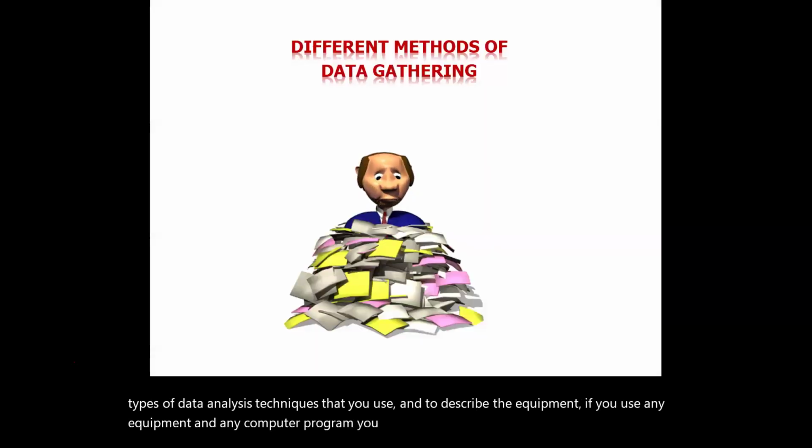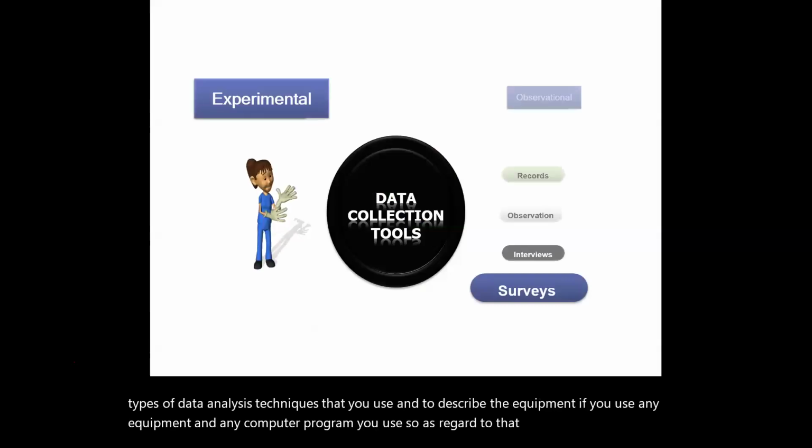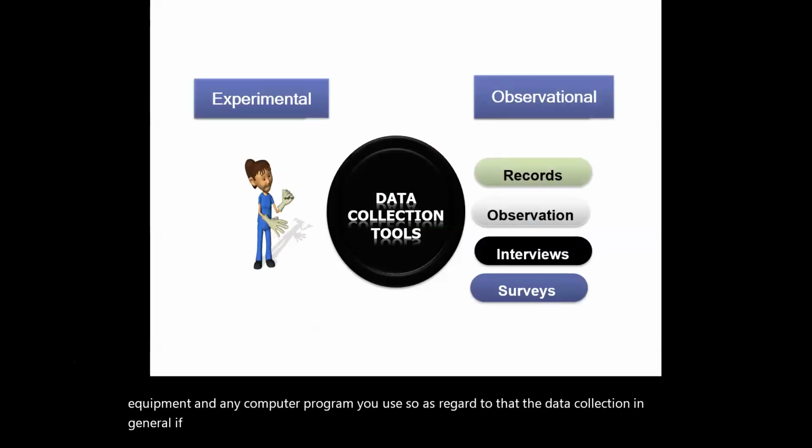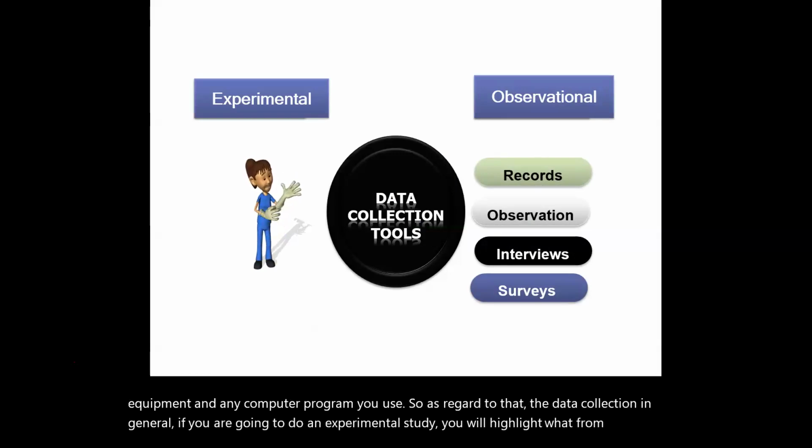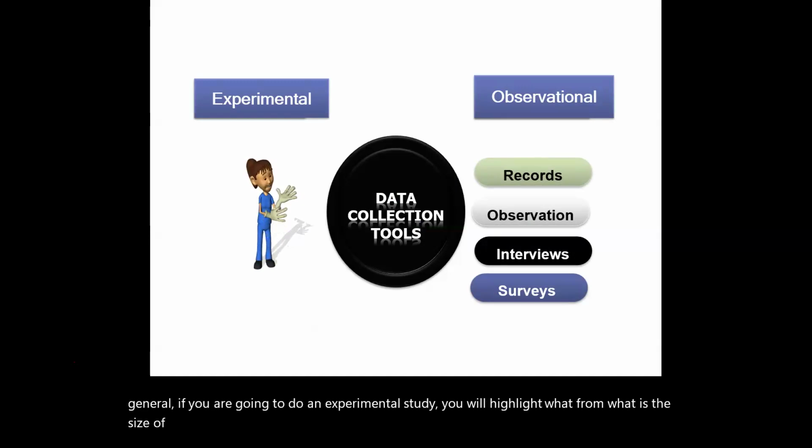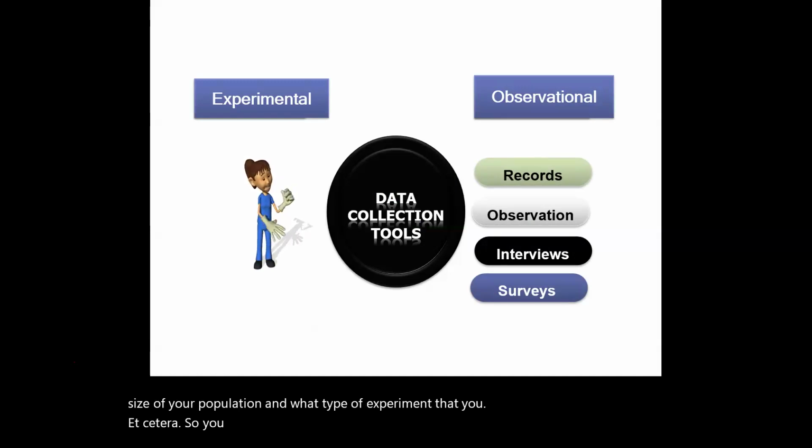As regards data collection in general, if you are going to do an experimental study, you will highlight the size of your population and what type of experiment you did, etc. So you have to explain everything. Is it an operation? Is it a medication? Whatever, if it is an experimental study.